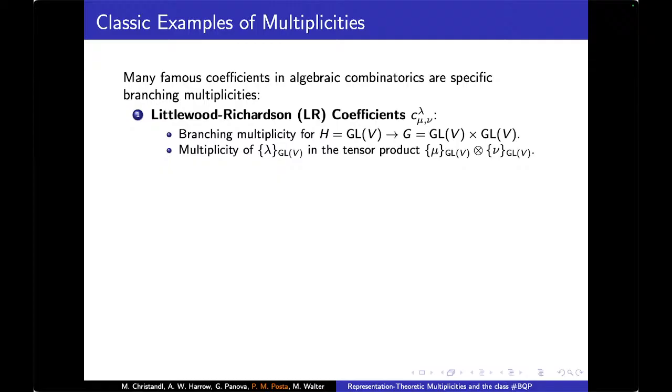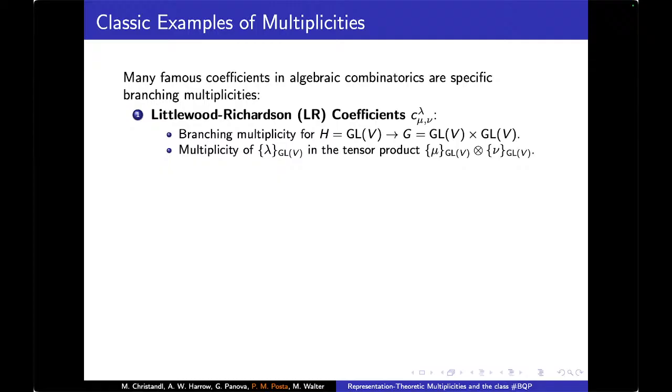In this case, the map is simply the diagonal embedding, where you send one matrix into two copies of itself. So you can imagine this as the diagonal subgroup of GL_V times GL_V. Then an irreducible representation of G will be a tensor product of irreducible representations of H, and you can ask how this decomposes when you act diagonally on those.